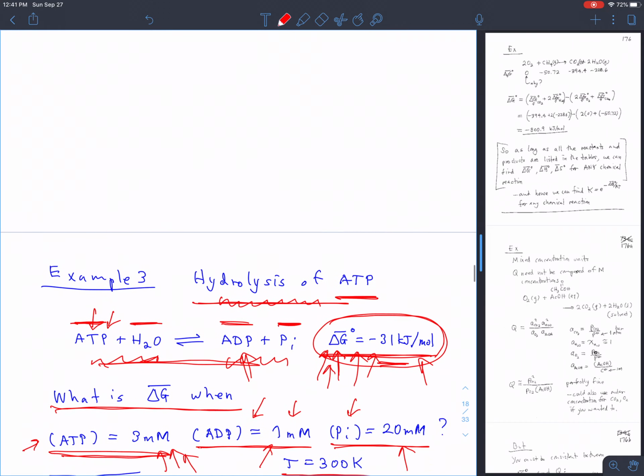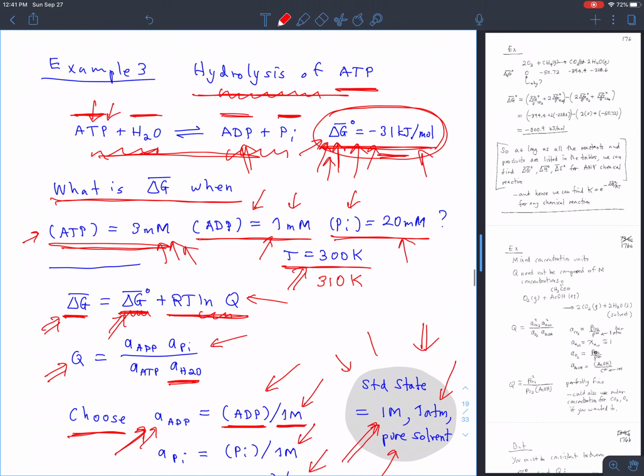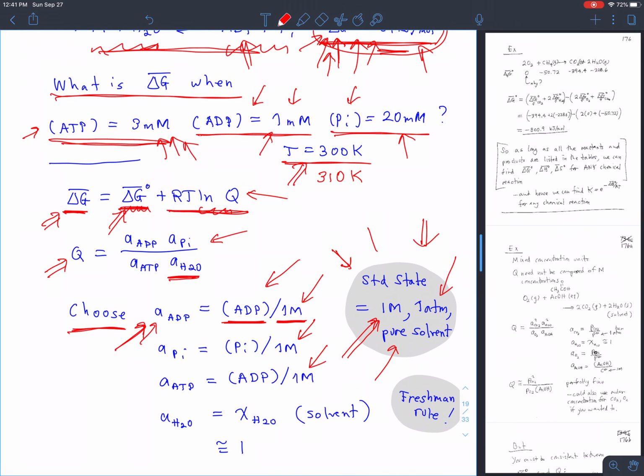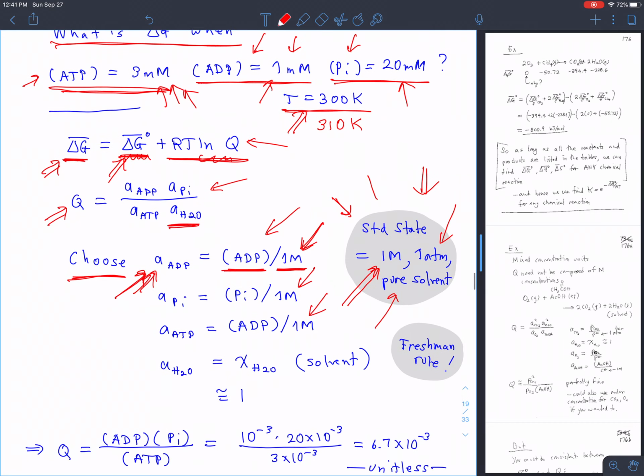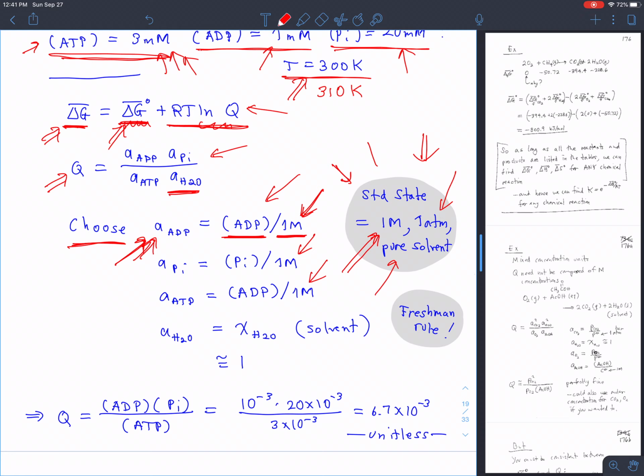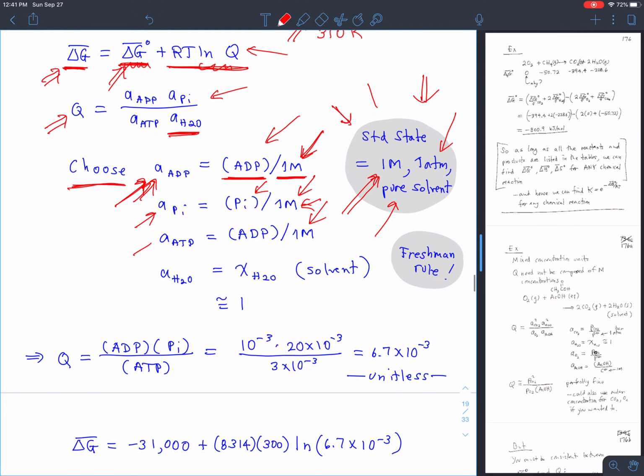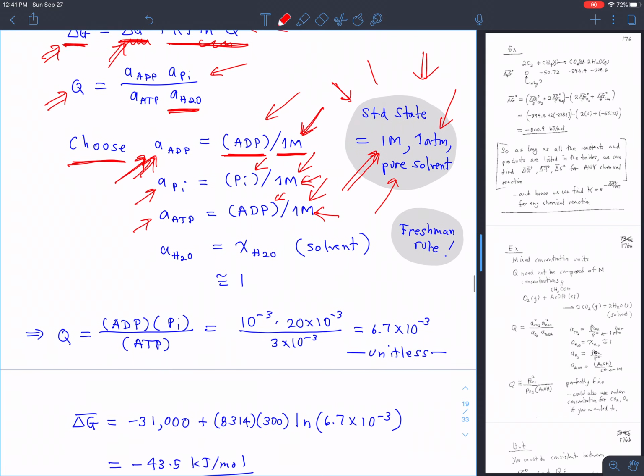Our standard state for this delta G is this one here. So we have to choose this 1 molar denominator in our definition of the activity. We're constrained to do that. Likewise for the pyrophosphate, molar concentration divided by the standard state molar concentration. For ATP, molar concentration divided by the standard state molar concentration.